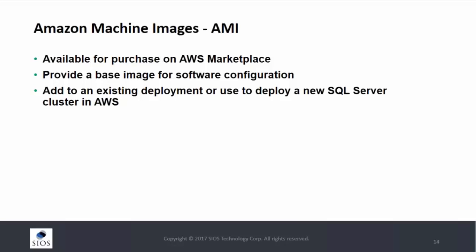Quick Start templates can consume AMIs as a part of their deployment process. So I just wanted to clear that up a little bit. The AMIs are available to purchase, and you can always deploy those manually. The Quick Start templates are what we'll display a little bit later. We'll give you a demo of using the Quick Start templates, and my colleague Heath will explain a little bit about the AMI being used underneath.